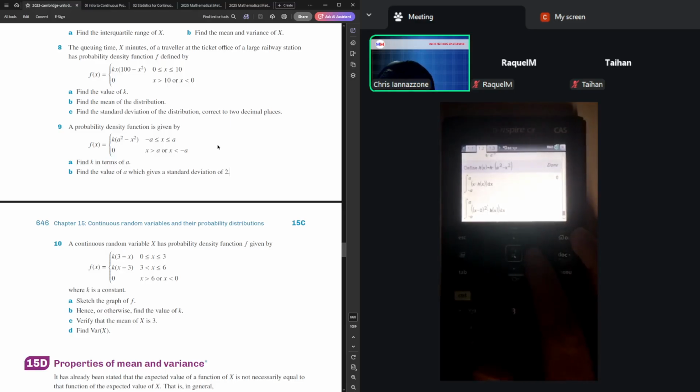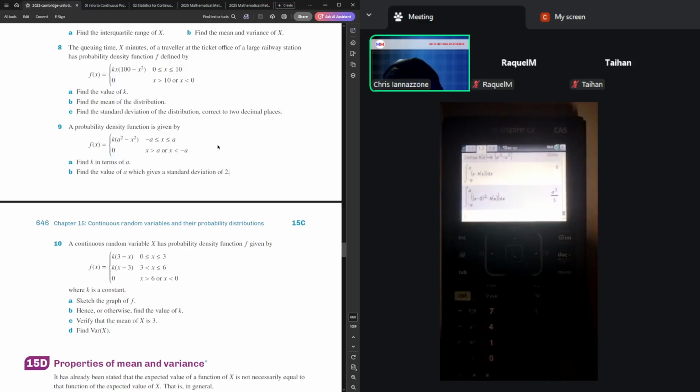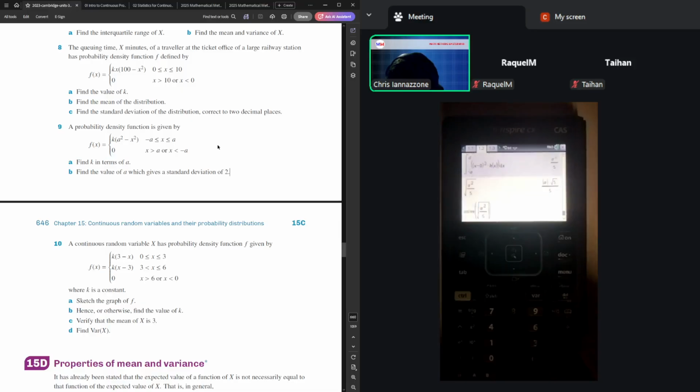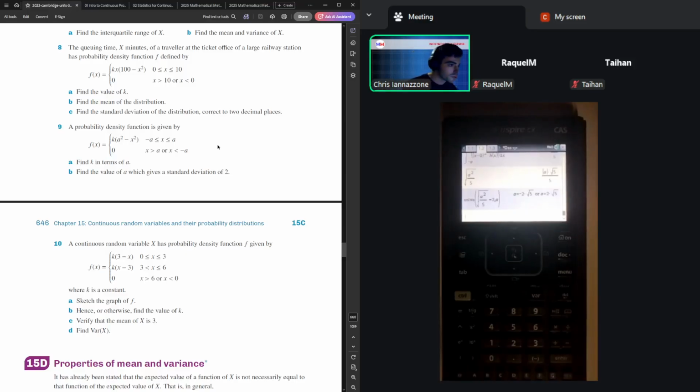Still got to square the set of brackets. That gets us our variance. Square rooting it gets our standard deviation. And then finally, setting this equal to 2 and solving for a, since we wanted the standard deviation to be equal to 2. And that gets us plus or minus 2 root 5.